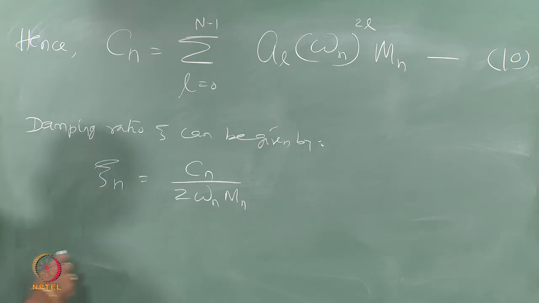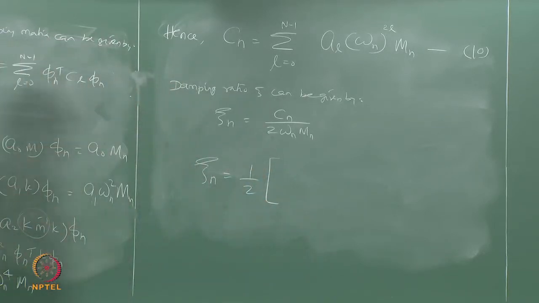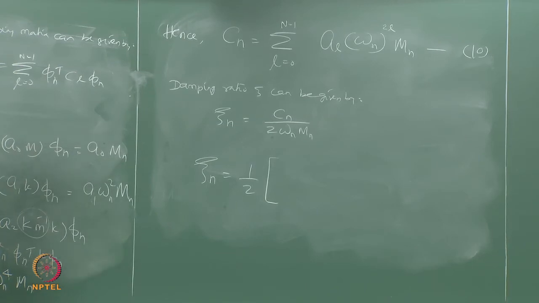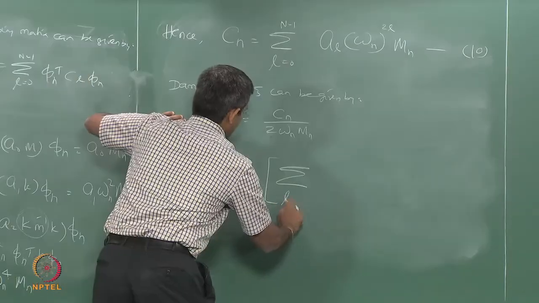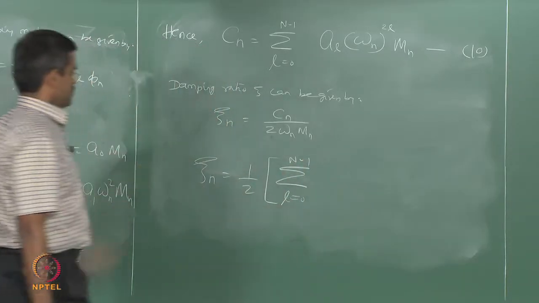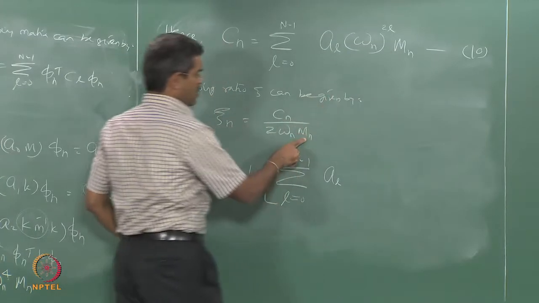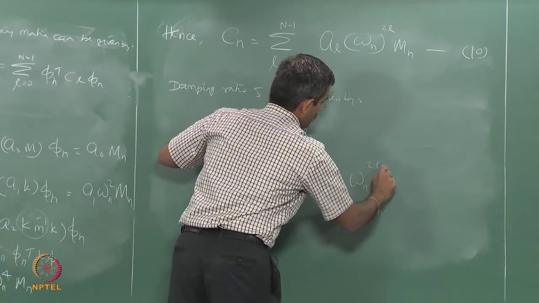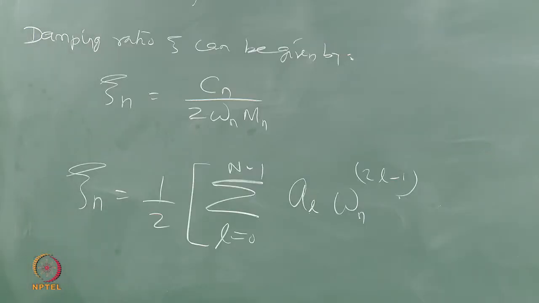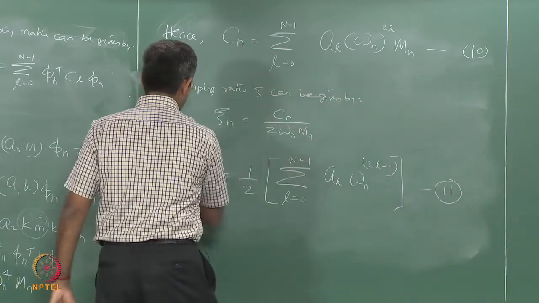So, now zeta n can be given by half of the summation, L is equal to 0 to n minus 1, AL. This Mn and this Mn goes away, this omega n goes up. So, omega n to the power 2L minus 1, which becomes equation number 11, which is my general expression for zeta.